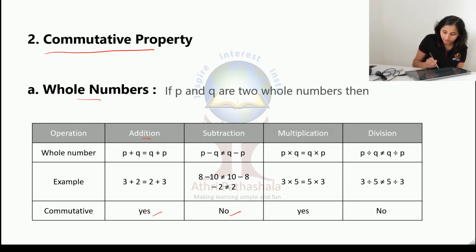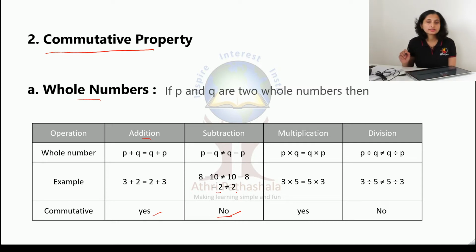But for subtraction, I took 8 and 10, which are whole numbers. 8 minus 10 is minus 2, and 10 minus 8 is 2. So minus 2 is not equal to 2. Therefore it is not commutative under subtraction. For multiplication, yes, it is commutative, and for division it is not commutative.